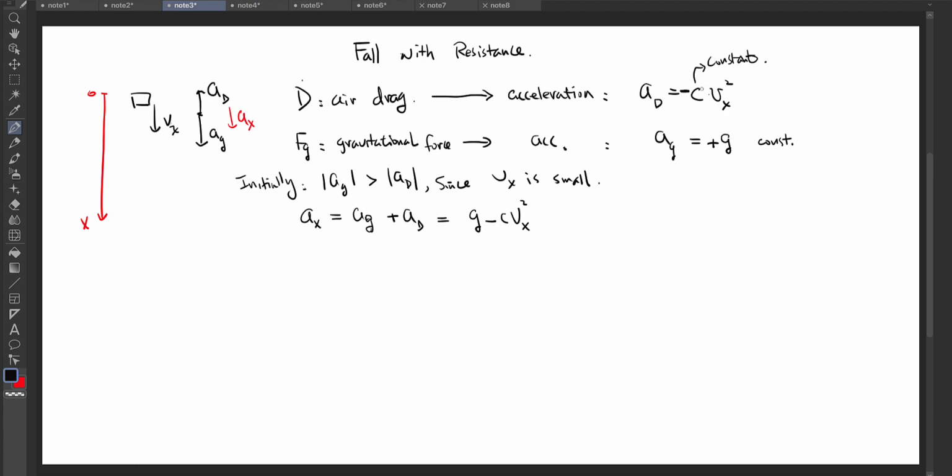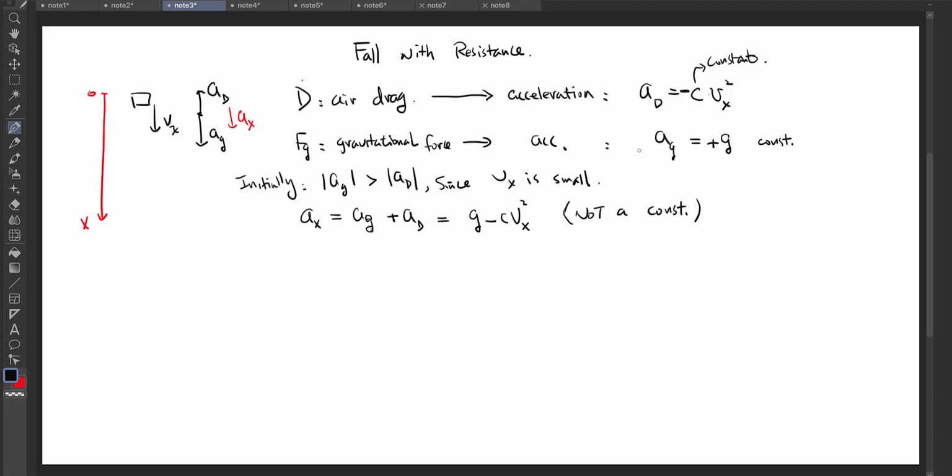Now this constant C can be determined from some experiment, which we do not plan to discuss here. We're going to just use these as a fact and then talk about how to solve the kinematics for this kind of acceleration. Now this acceleration is not a constant anymore, so it will get more complicated.